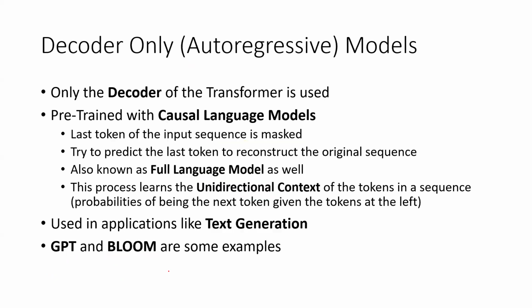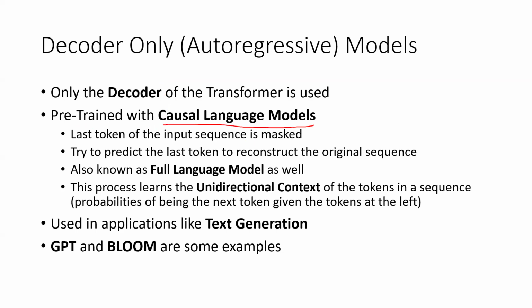So now you can look at the decoder-only models, which are also known as autoregressive models. In autoregressive models, they are using only the decoders of the transformer model. The pre-training process is known as causal language modeling, or simply language modeling, where the model is asked to fill the last word of a sentence.